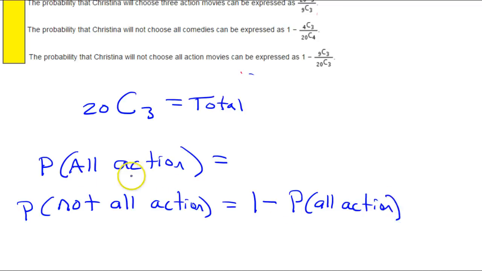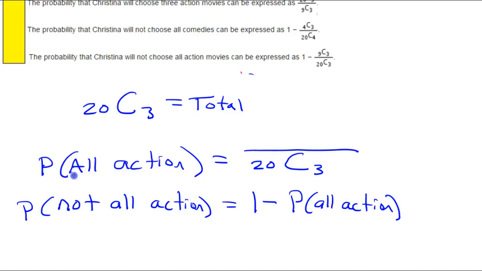So let's start by finding the probability of choosing all action movies. That'll be target over total. And as we've been doing for all of these questions, the total is 20 choose 3, because we have a total of 20 movies and we're choosing 3.